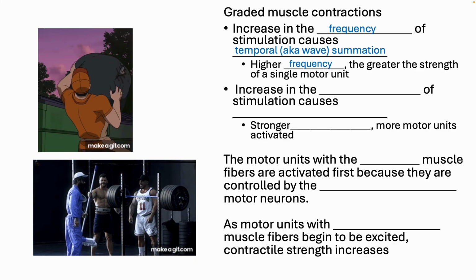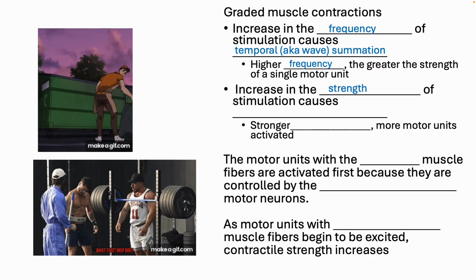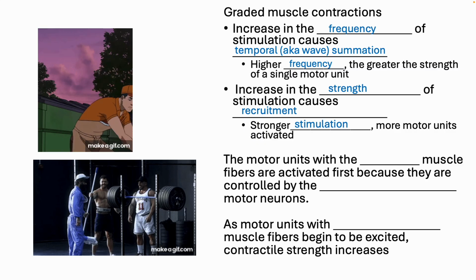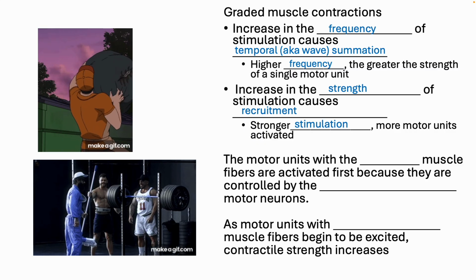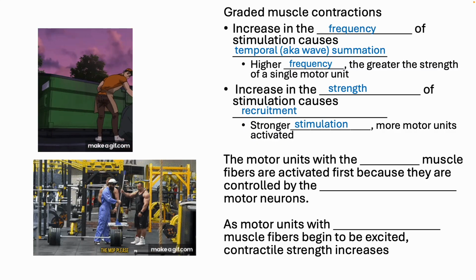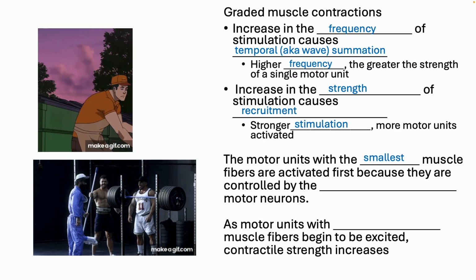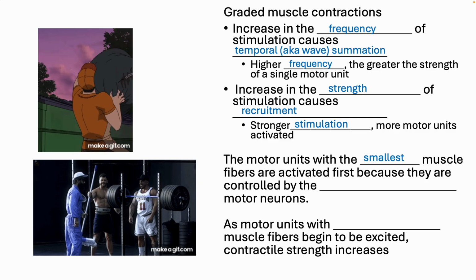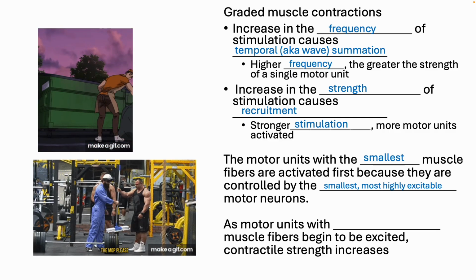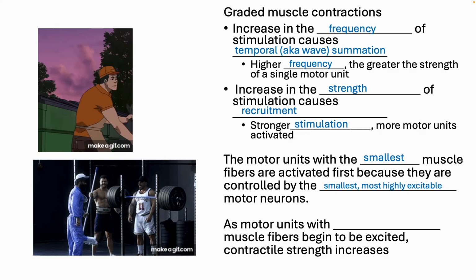So higher frequency, the greater strength of a single motor unit. An increase in the strength of stimulation causes recruitment. So you end up with a stronger stimulation, which recruits more units being activated. The motor units with the smallest muscle fibers are activated first because they're controlled by the smallest motor neurons, but those motor neurons are the most excitable.